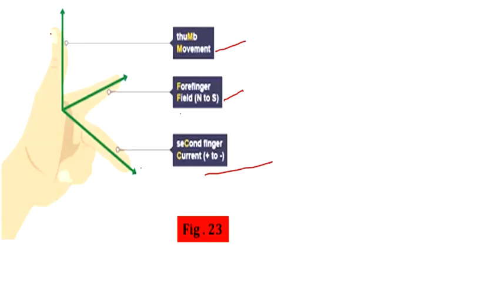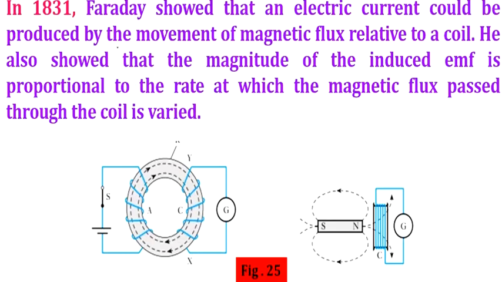Like that, Fleming's right-hand rule will be applied for generators. Electromagnetic induction: Faraday showed that electric current could be produced by the movement of magnetic flux related to the coil. He also showed that the magnitude of EMF induced is proportional to the change of flux.